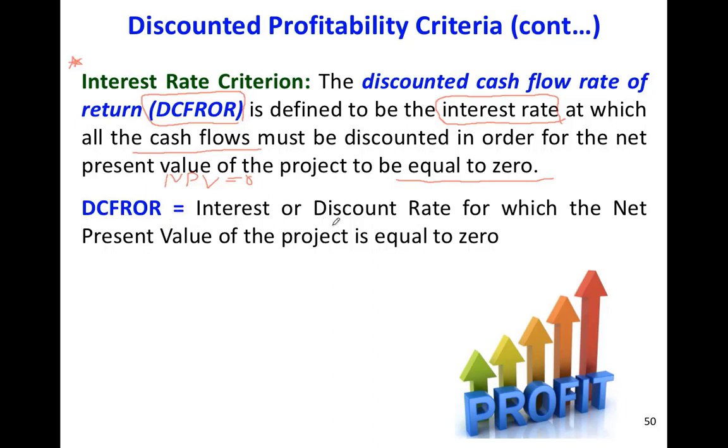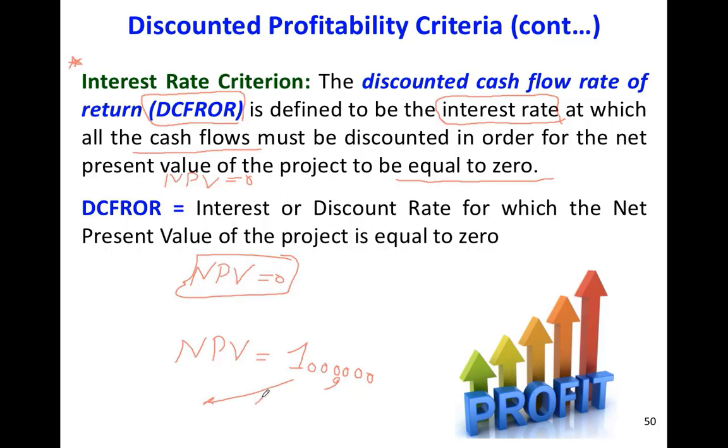DCFROR, again, is the interest or discount rate for which the net present value of the project will be 0. Let's say the net present value of your plant today is, I don't know, $1 million. With which yearly interest do I have to reduce from this?